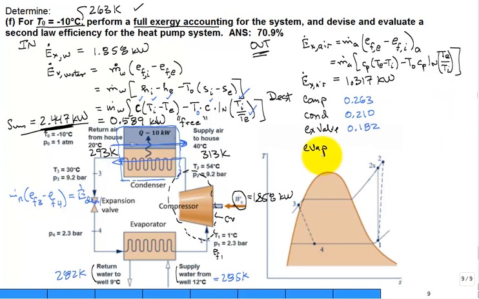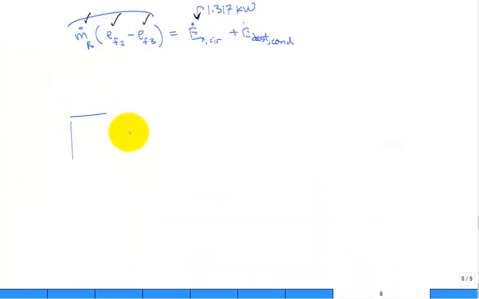All right, and then how about the evaporator? Well, since we already calculated what is coming out of the water, that's the 0.589 kilowatts, you can just do a whole control volume around here. So maybe I should do that slowly. You have the refrigerant going through, it comes in at state 4, exits at state 1, and so it's the mass flow rate of the refrigerant, leaving the system by EF1 minus EF4.